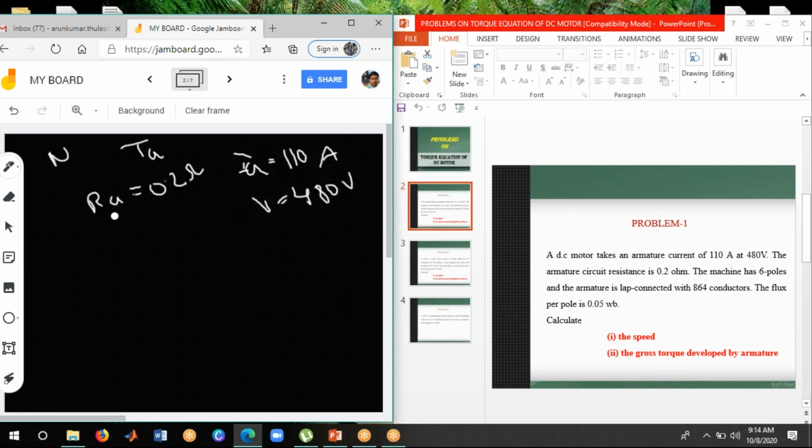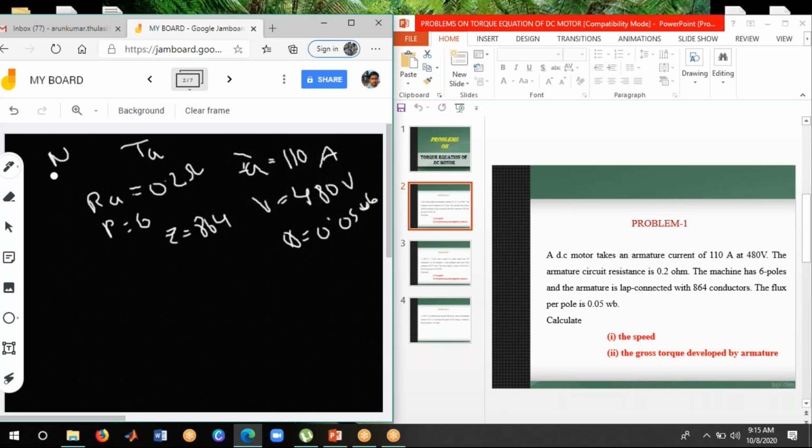Next, it has 6 poles, the armature conductors are 864 and the flux is 0.05 Weber. So these are the given parameters in our problem.